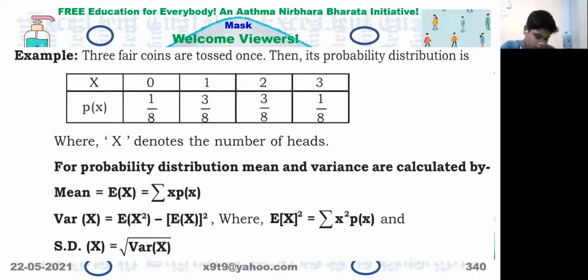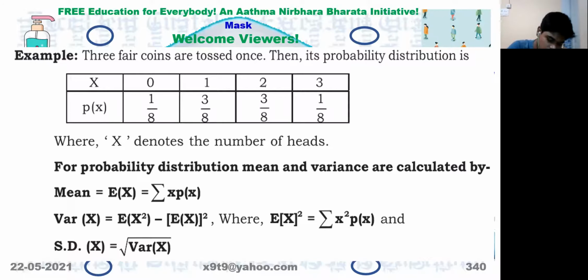One minute. 4 into 3 by 8. 1.5, sir. Sorry. So what is next value? 1.125. Correct.